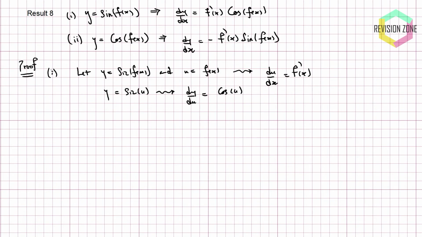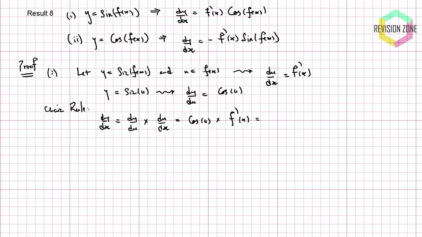So by the chain rule, dy by dx is equal to dy by du times du by dx. Dy by du is cos u, and du by dx is f prime. We've just worked them out above.